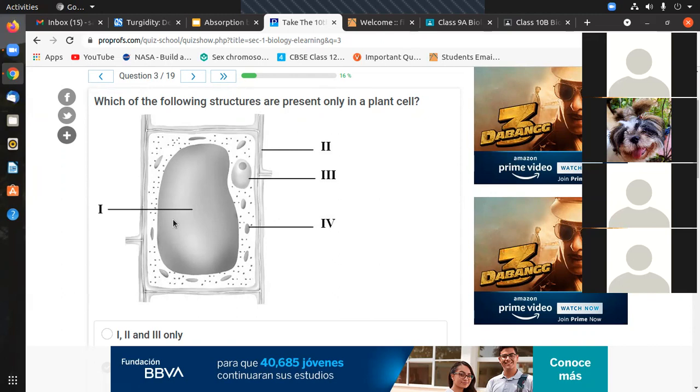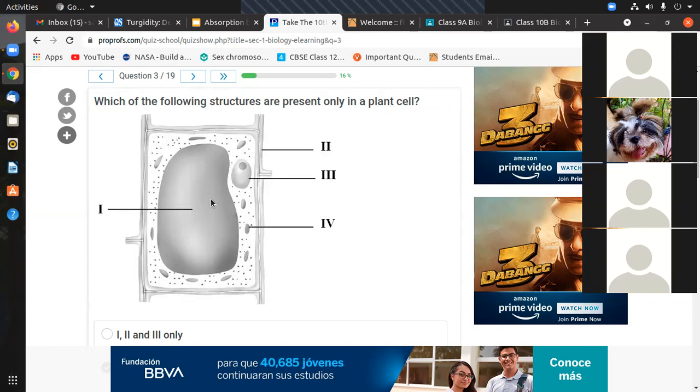And they also underlined four. So four is a small vacuole. I guess four is not a small vacuole. Oh, okay. Sorry, I thought it was a vacuole. Actually it does not really show, but I imagine it's a chloroplast, which is very specific to plant cell. So the one which is a large vacuole is only present in plant cell.